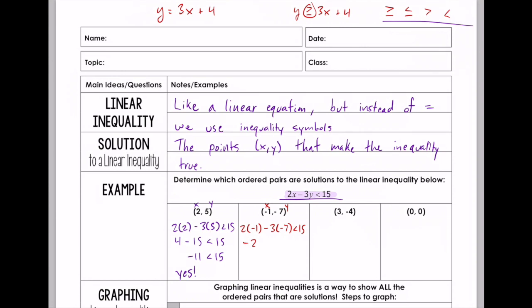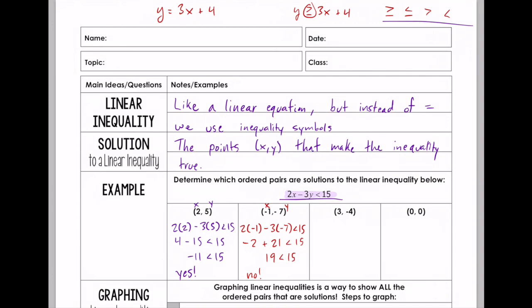Negative 3 times negative 7. 2 negatives multiplied together gets us a positive, so this is adding 21. And then negative 2 plus 21, we want to see, is 19 less than 15? I say no, so it is not a solution to that inequality.